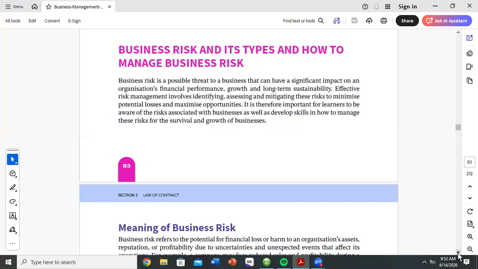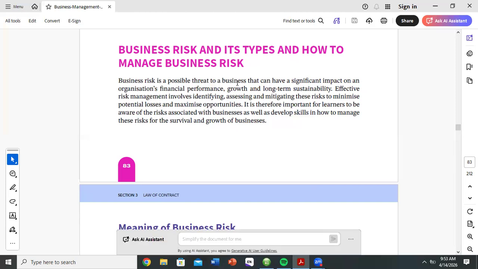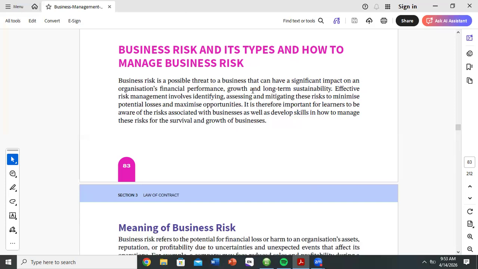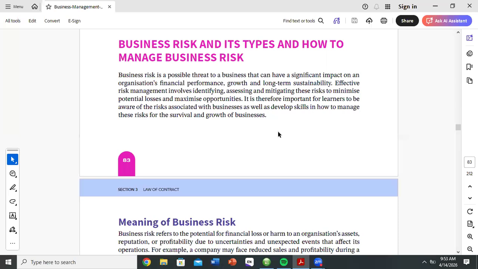So you can say a business risk is any uncertain or unforeseen event that can harm or cause losses to a business to the extent of having a significant impact on the organization's financial performance, growth, and long-term sustainability. It is important that we know some of these threats or events that can affect the performance and growth of the business.